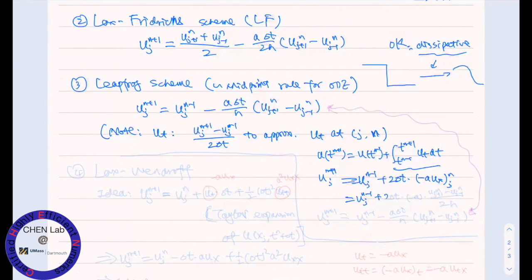You do the same for ux, with 2h, u_{j+1}^n minus u_{j-1}^n. The 2 and 2 cancel, so it becomes u_j^{n+1} equal to u_j^{n-1} minus a delta t over h times (u_{j+1}^n minus u_{j-1}^n). That's the same as we just wrote down.